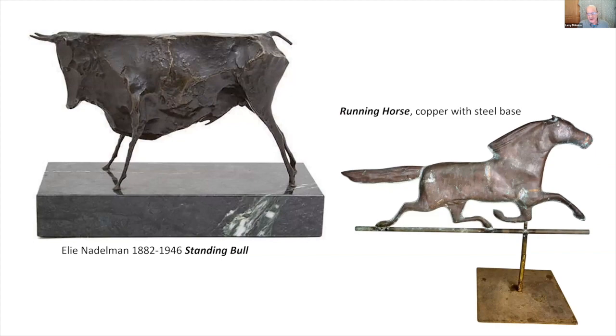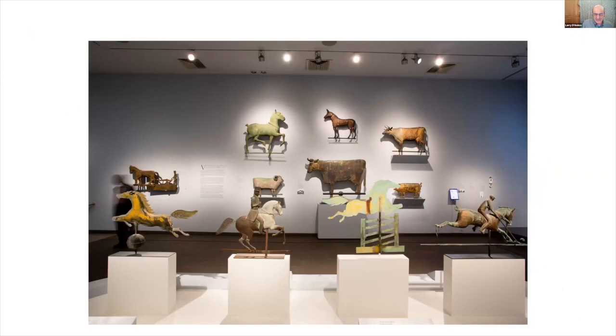This standing bull, you can see directly the relationship between what he was doing with his sculpture and the kind of folk art design that went into the animals in general.